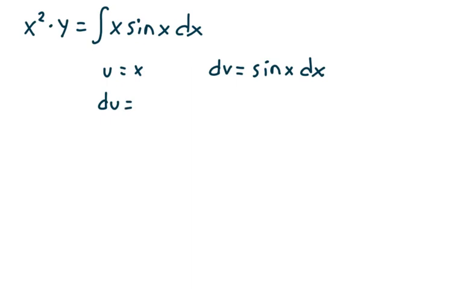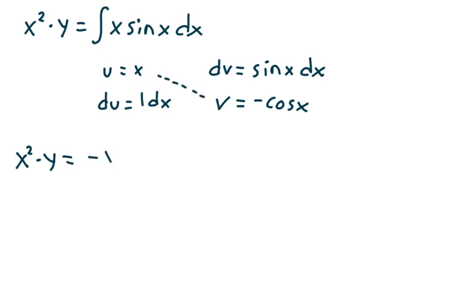So du is 1 dx, and v is negative cosine of x. And so x squared times y is uv, which is negative x cosine of x, minus the integral of v du. So I think about it like a zigzag.